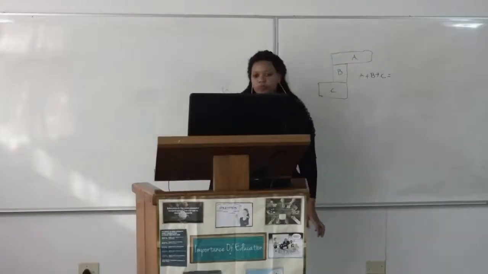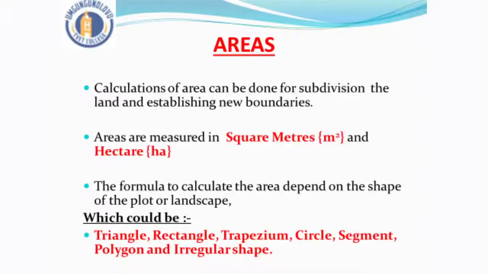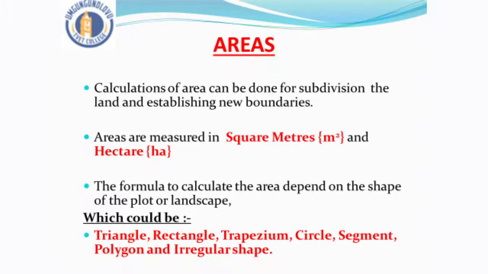Areas are measured in square meters and in hectares. The formula to calculate the area depends on the shape of the plot of land or the landscape. As I mentioned before, we've got different types of formulas that we use to calculate the area.